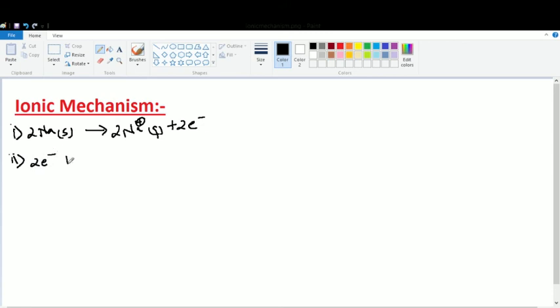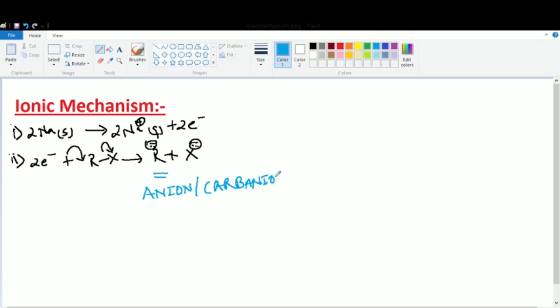Now these two electrons attack the anti-bond of RX and produce R minus as well as X minus. R minus is known as an anion in general, or a carbanion when R contains carbon, with the negative charge on carbon.